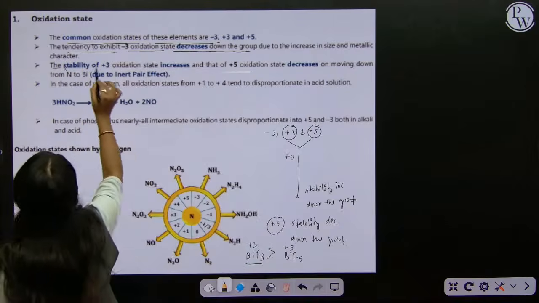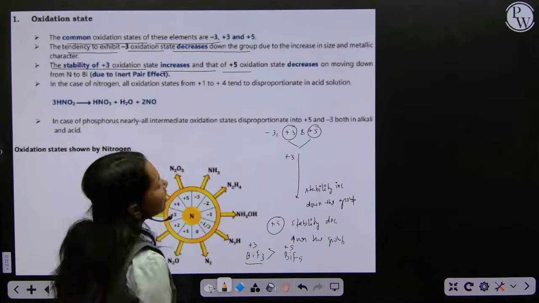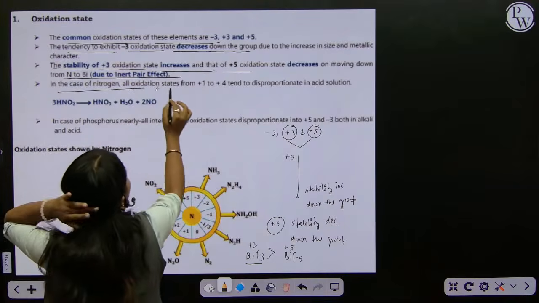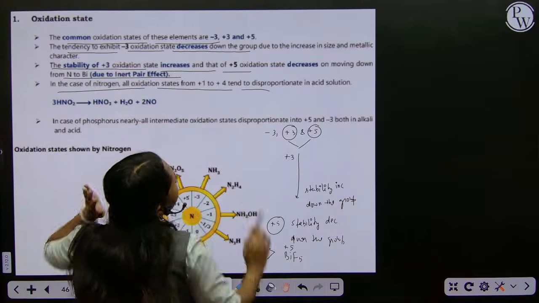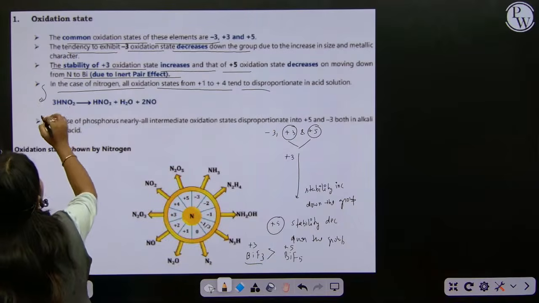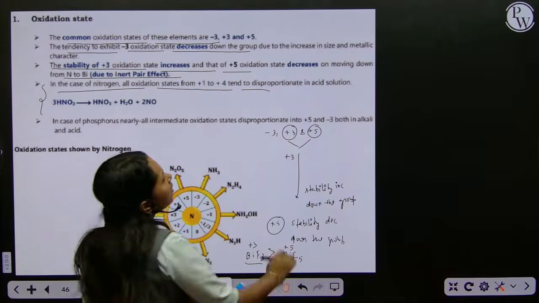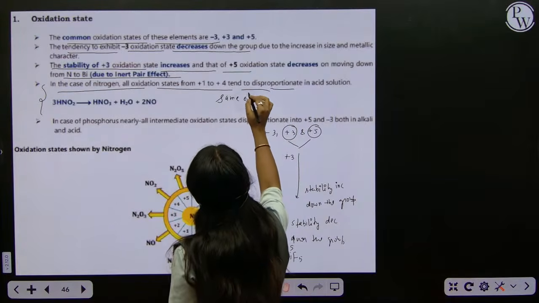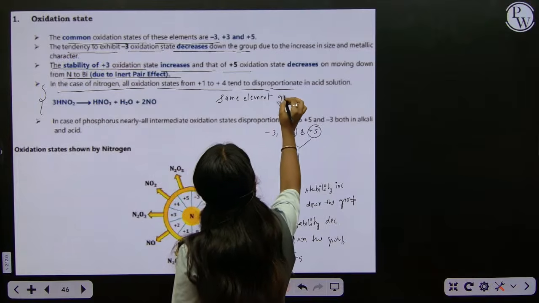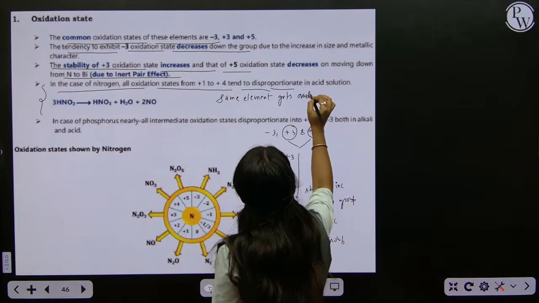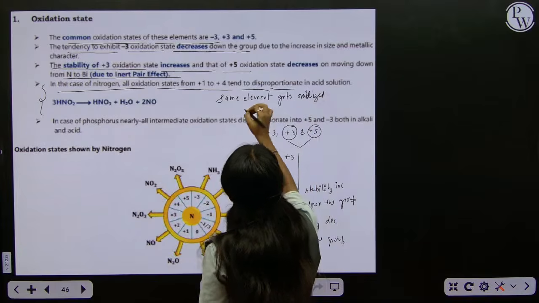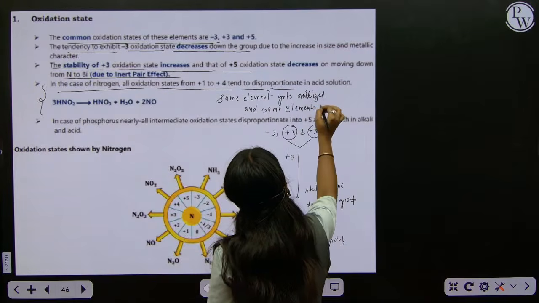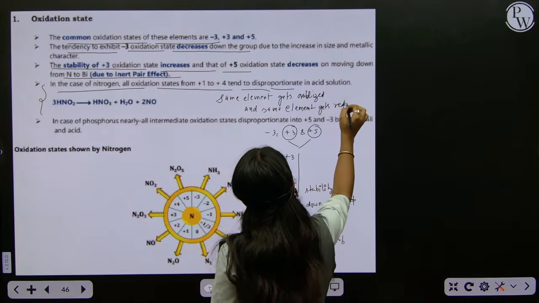The stability of the +3 oxidation number increases and +5 decreases from N to bismuth due to the inert pair effect. In the case of nitrogen, all oxidation numbers from +1 to +4 tend to disproportionate in acid solution. Very important: what is the meaning of disproportionation? The same element gets oxidized and the same element gets reduced.